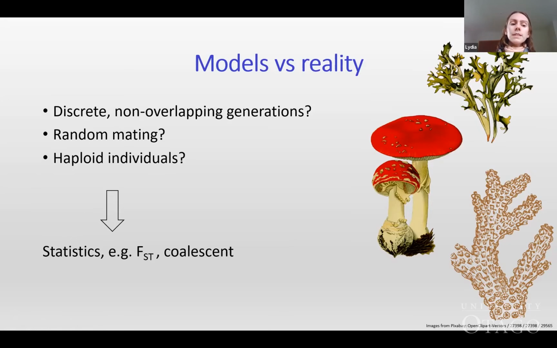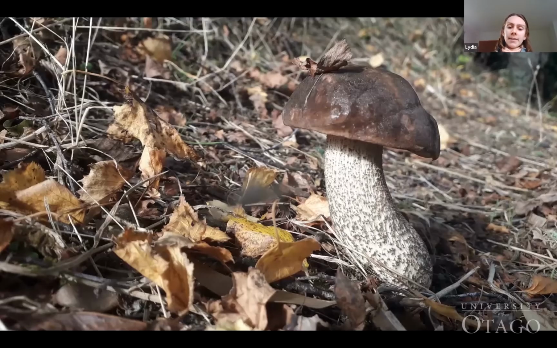So if our model says that one thing's going on over here and our actual population that we're studying is doing something completely different, then that might make these statistics and the way we're interpreting them meaningless, because we're saying that this statistic says one thing, but actually the population's doing something completely different. So I'm particularly interested in fungi, we all are, and we know that fungi behave quite differently.